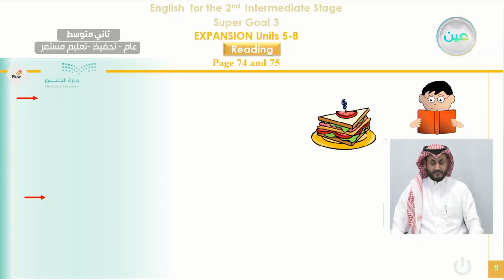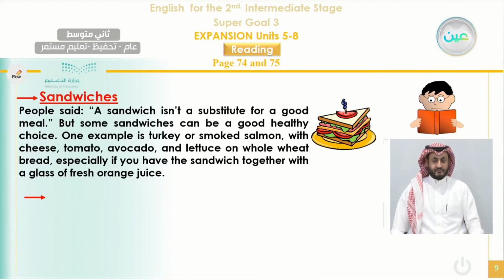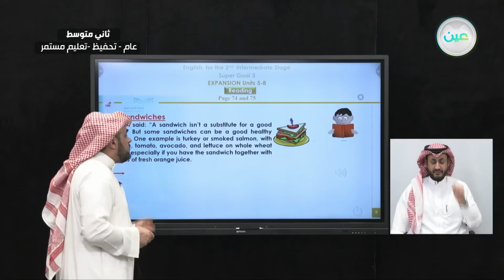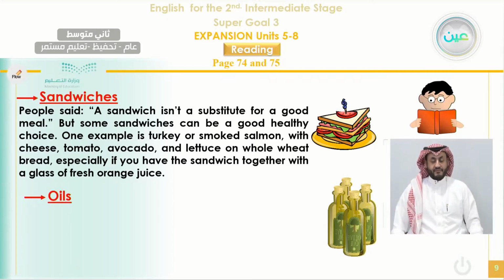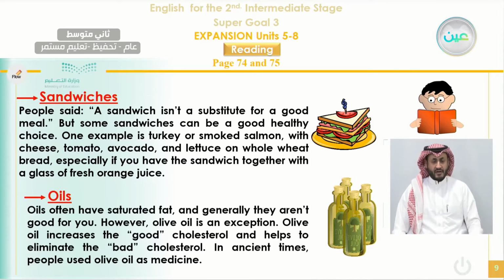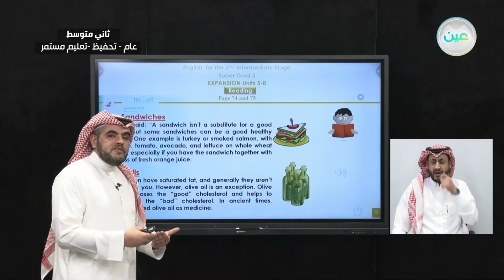Okay, we move to this one also. That is a sandwich. As you can see here, we will listen and read what's written about a sandwich and also about oils. What is good in oils for our body when we have them in our meals. Okay, let's read and listen at the same time, and we'll try to find out more about these 2 things.